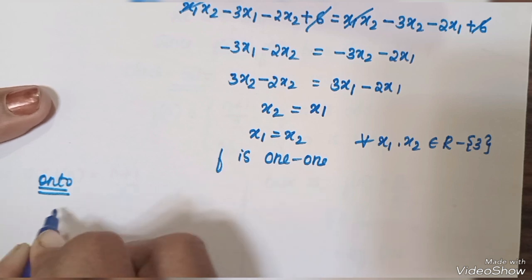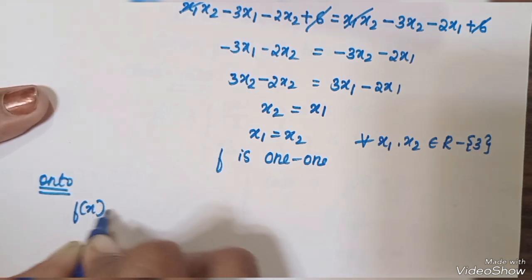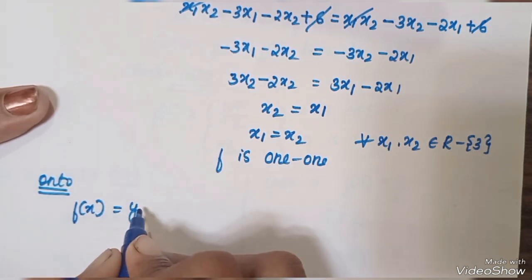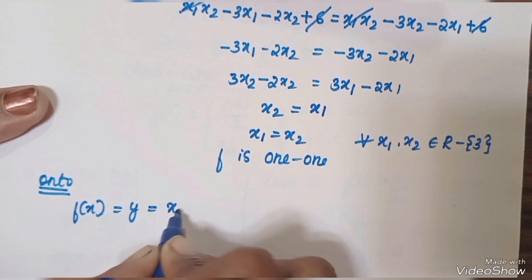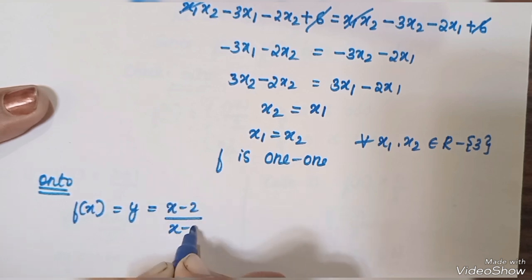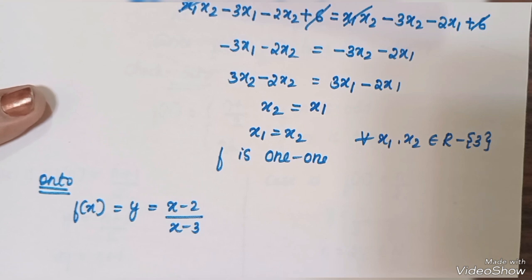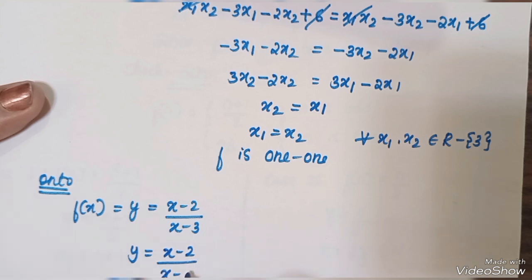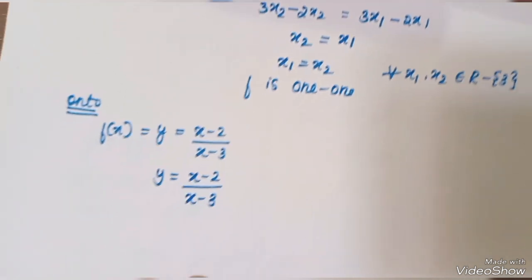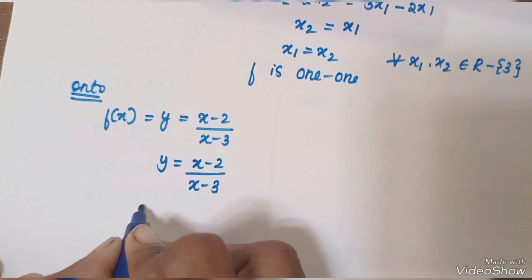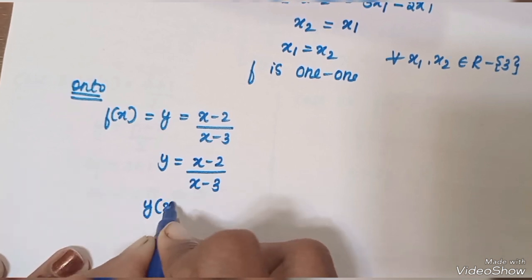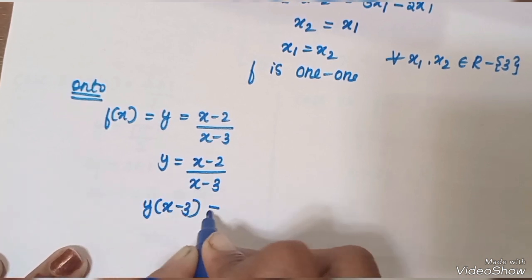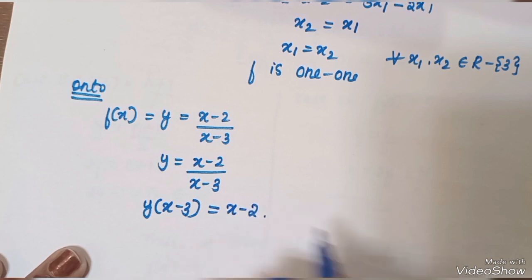Check now: take f(x) = y, that is (x - 2)/(x - 3). Now solve for x. y = (x - 2)/(x - 3). Again taking cross multiplication: y(x - 3) = x - 2.